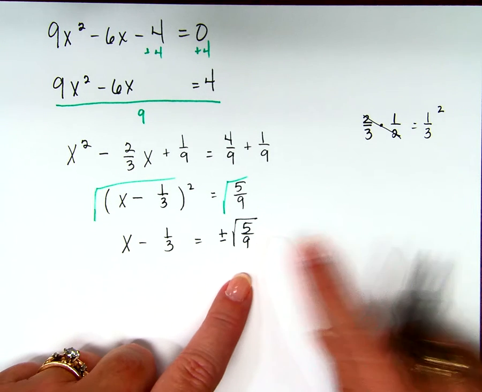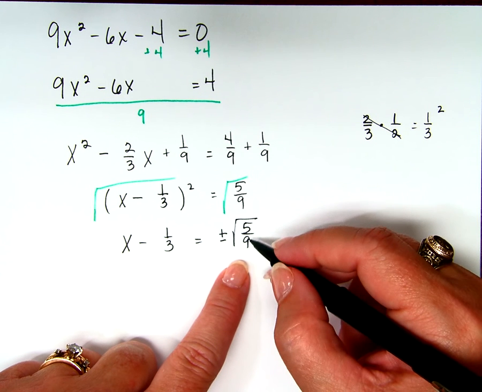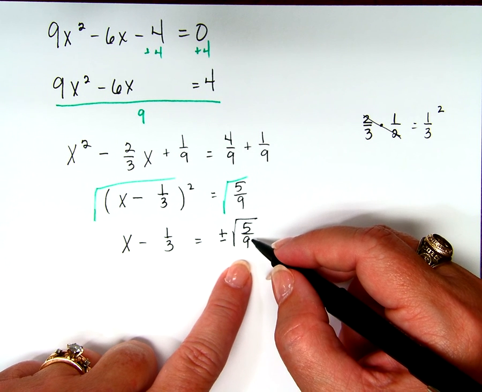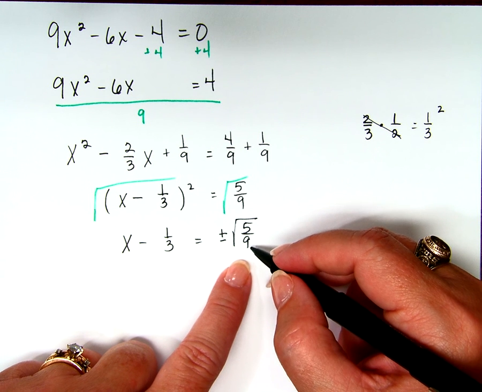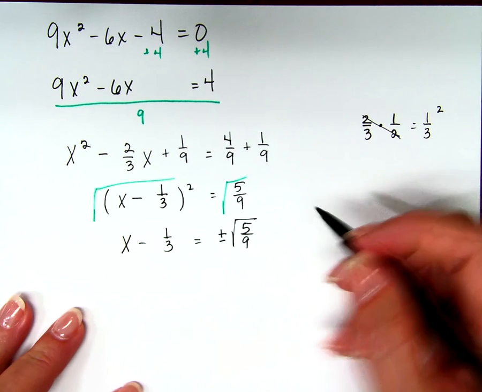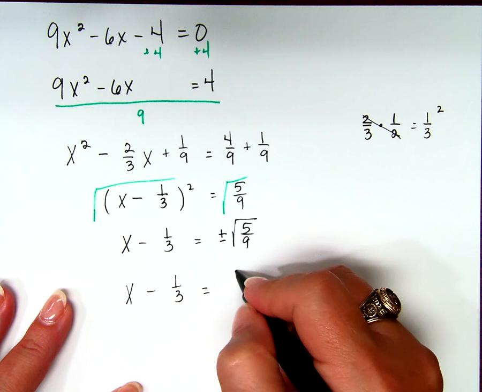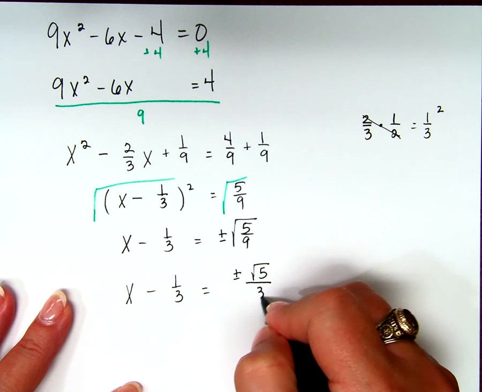The reason it's not going to like 5/9 is because when you take the square root of a fraction, you really take the square root of the numerator and the square root of the denominator, right? Well, I don't know the square root of 5, but I do know the square root of 9, don't I? So this is the same thing as x minus 1/3 equals plus or minus the square root of 5 over 3.